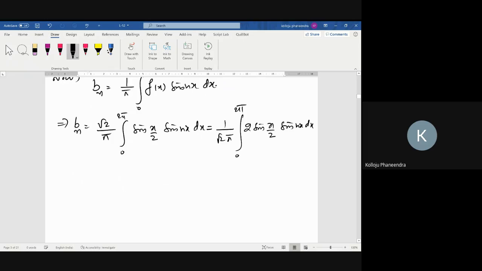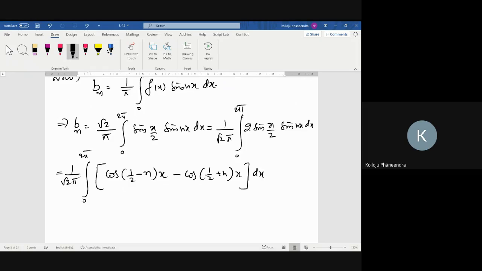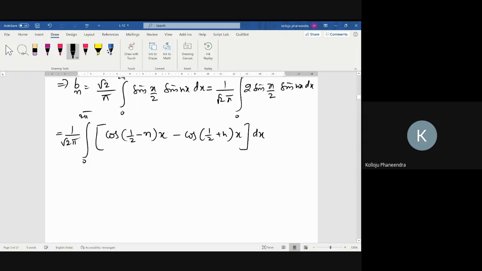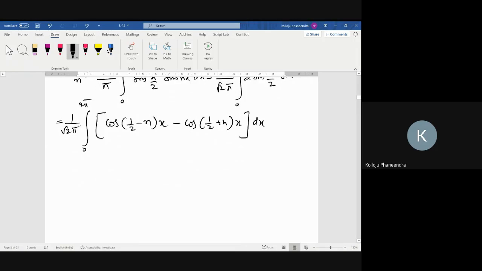What is the formula? 2 sine A sine B is equal to cos(A minus B) minus cos(A plus B), 0 to 2 pi. A value is x by 2, B value is nx, x is common.